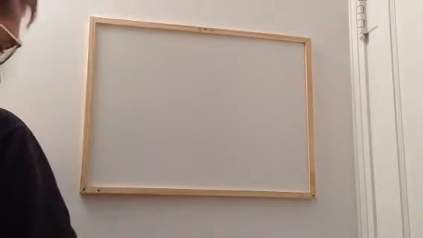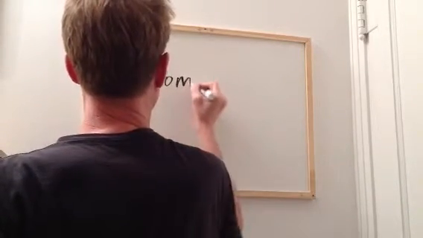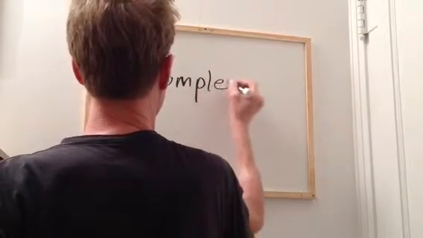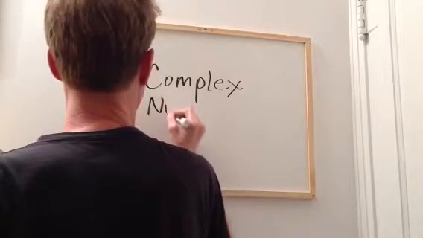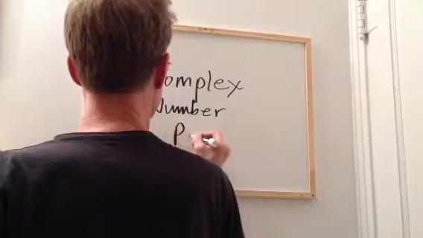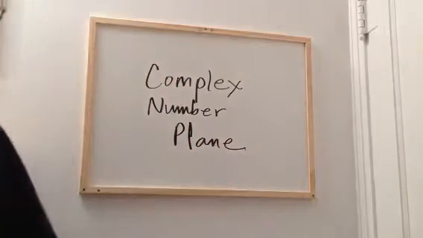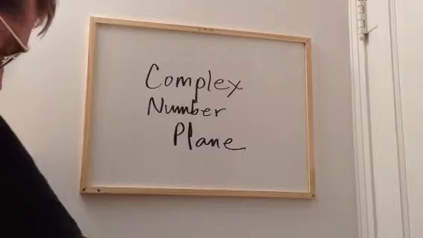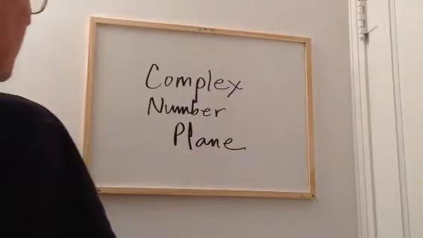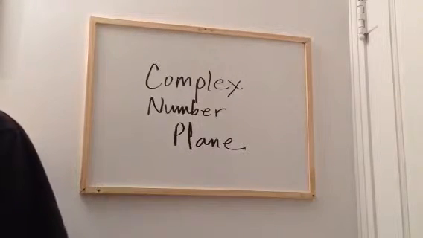So we have shown the complex number plane, which is a Cartesian plane that represents all of the complex numbers as points.